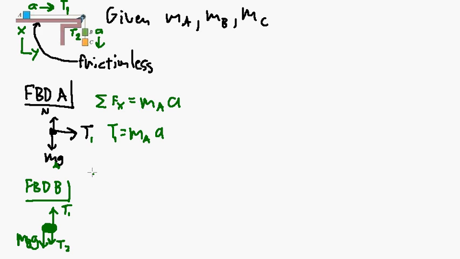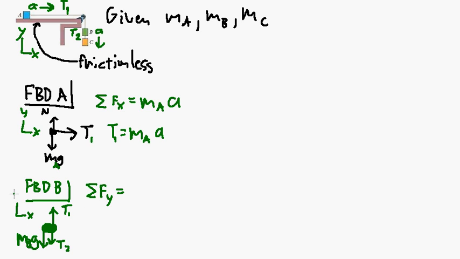Sum of forces in the y direction here is going to equal, now our acceleration here is down, so we have to use negative mB times A. Sorry, I wrote x and y wrong earlier, so x, y, and over here we have x and y.